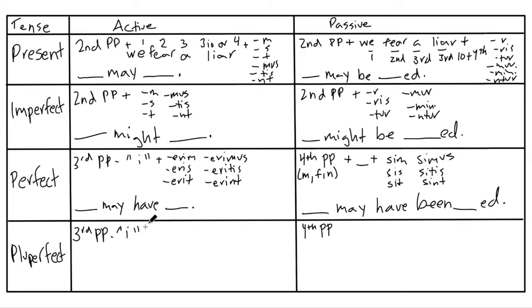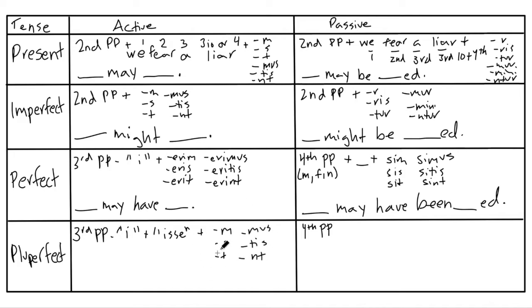For the pluperfect, sorry, let's go back to that. We've got this third principal part, we remove the i, and then we add isse. So we never really took away the i, but it's easier to think of it this way. And then you add on, and this is notably different from the perfect tense, the present active personal endings. So m, s, t, mus, tis, nt.